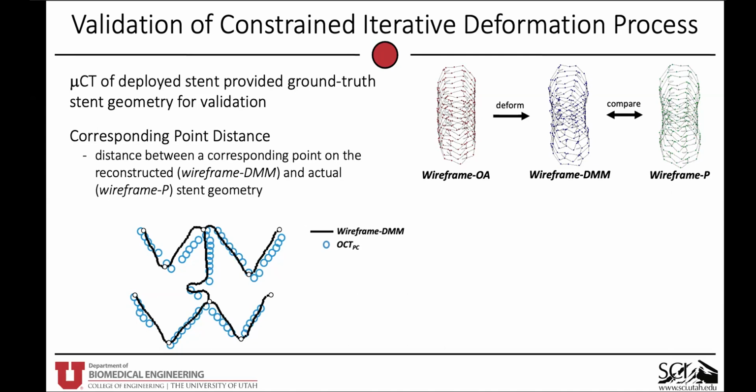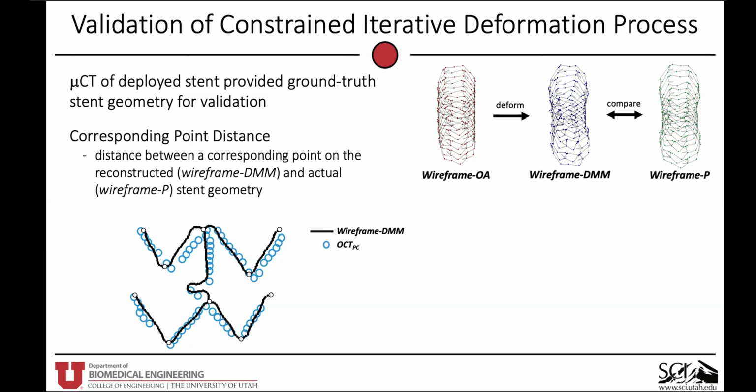Yeah. All right, thanks. So getting back to the validation, we had these two wireframes. We could have just done a closest point, but in reality, that really wasn't the appropriate metric, just looking at the Euclidean distance between points on these wireframes. So we actually looked at corresponding points.